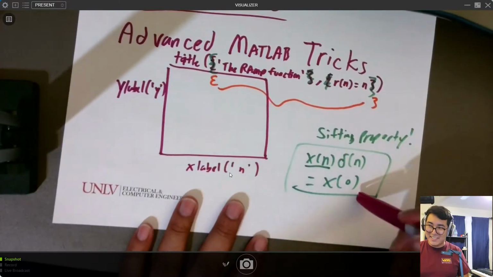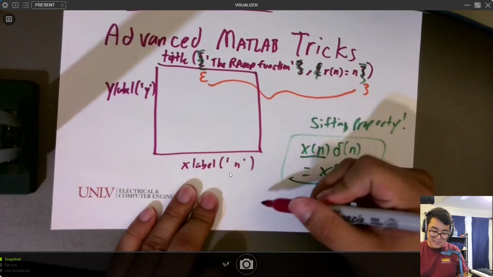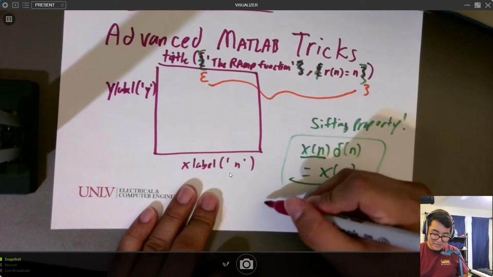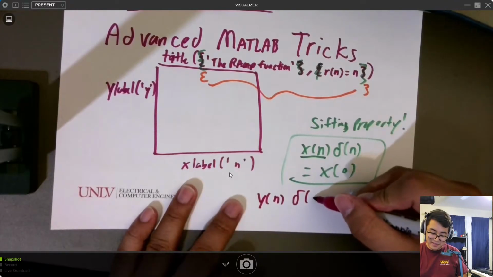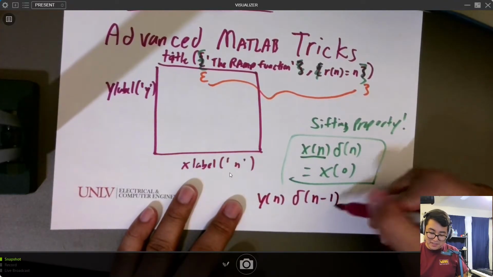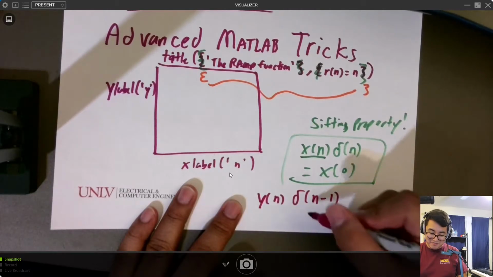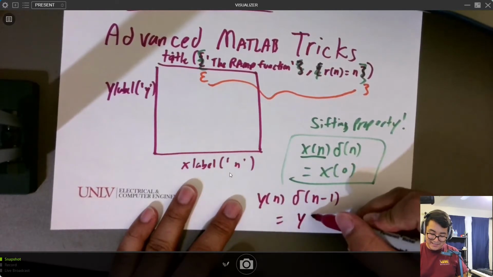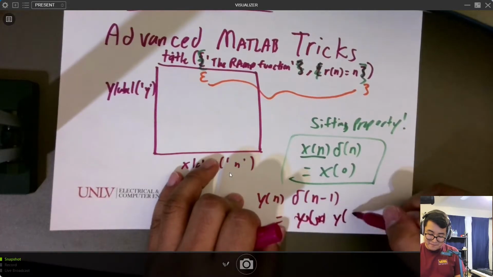So don't forget this. Another example: what if you had another signal, y of n, times the Kronecker delta of n minus 1? When does this become 1? At n equal to 1, which means whatever y is at 1 will remain, y of 1.